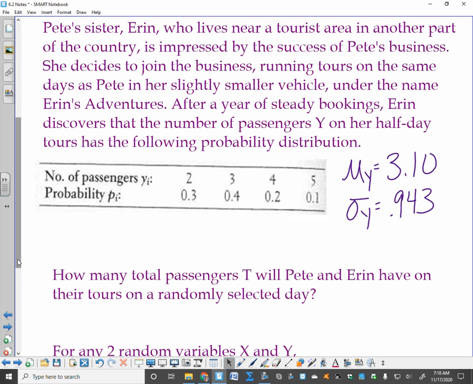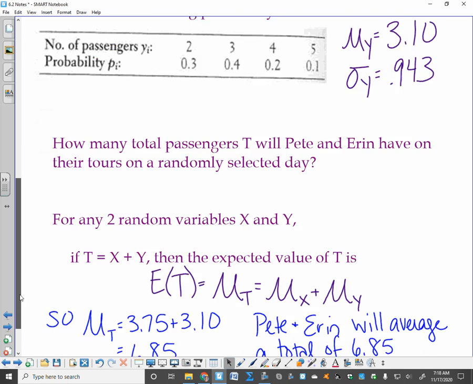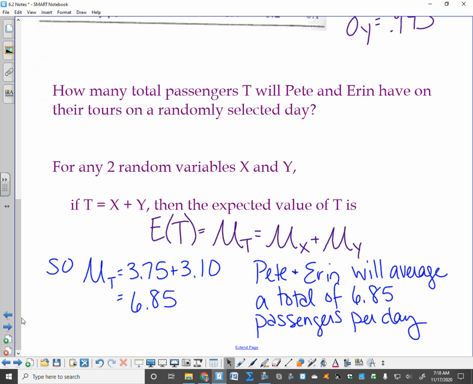Well, total passengers T. For any two random variables, X and Y, if T equals X plus Y, then the expected value of T is E of T equals mu sub T, which equals mu sub X plus mu sub Y. So mu sub T, so this is the average of the total, is Pete's average plus Aaron's average.